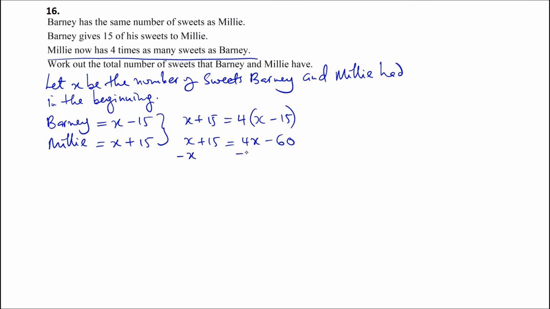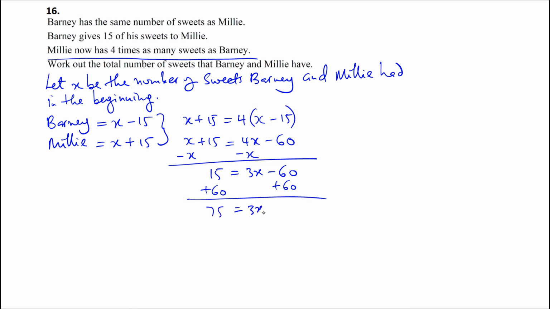Then subtract x from both sides. So 15 will be equal to 3x minus 60. Add 60 on both sides. So 75 will be equal to 3x, divided by 3. So x will be equal to 25. All right.